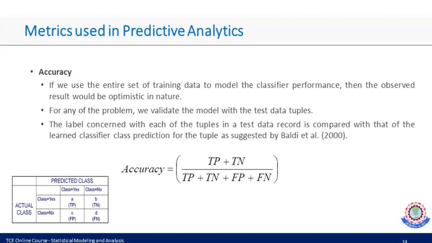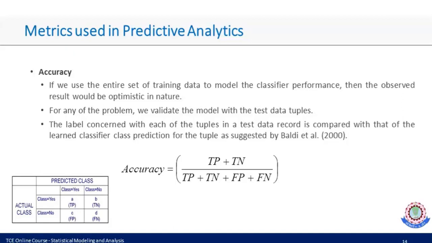So, in order to do this, first we will estimate it using the accuracy, which is given as true positives plus true negatives to that of true positives plus true negatives plus false positives plus false negatives.